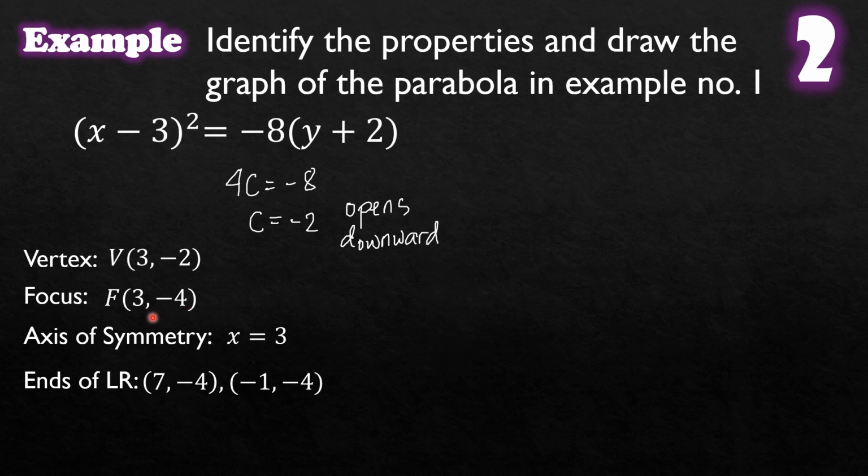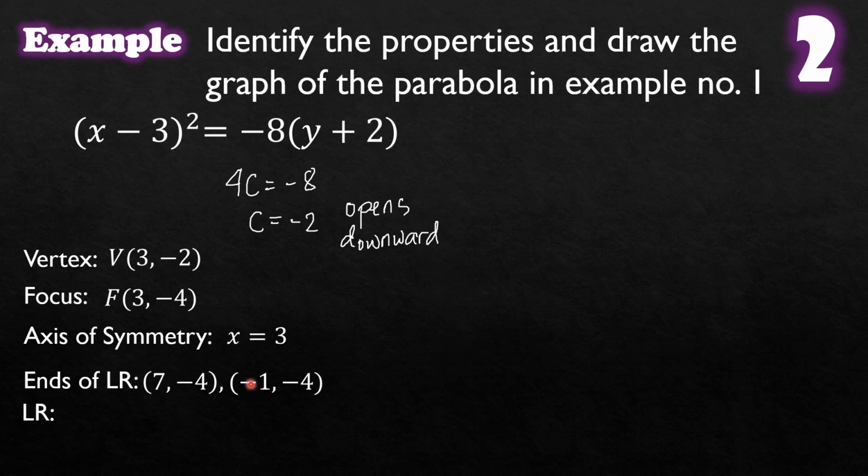So we have 3 minus negative 4, that is 7. And also negative 1 is obtained from 3 plus 2 times negative 2. 2 times negative 2 is negative 4. So 3 plus negative 4 is negative 1.